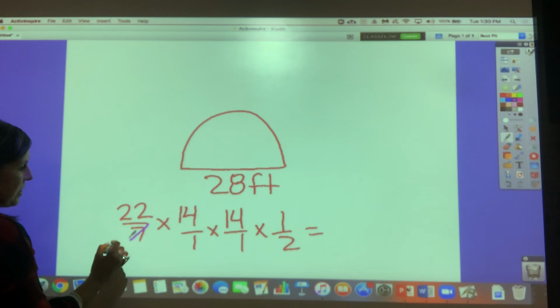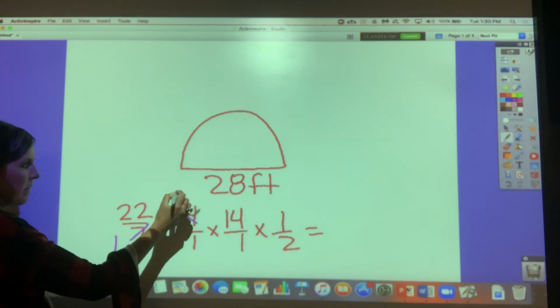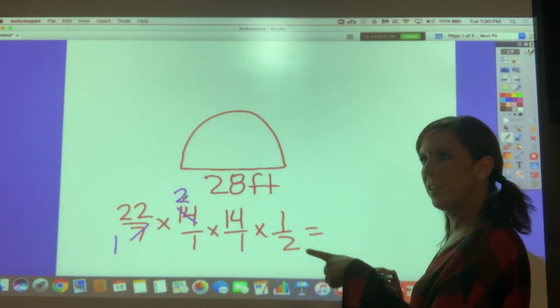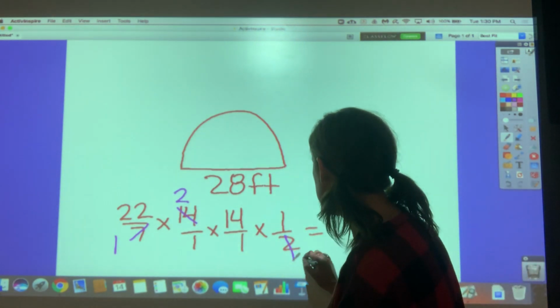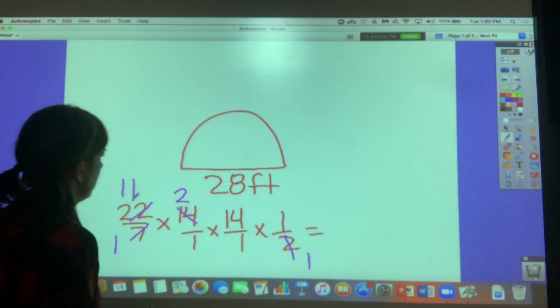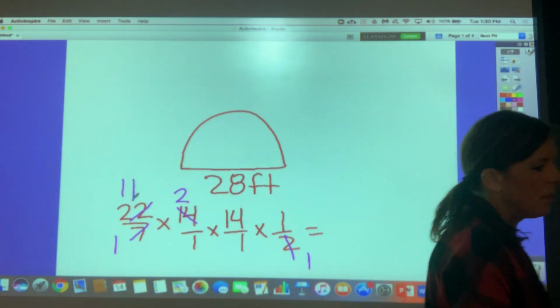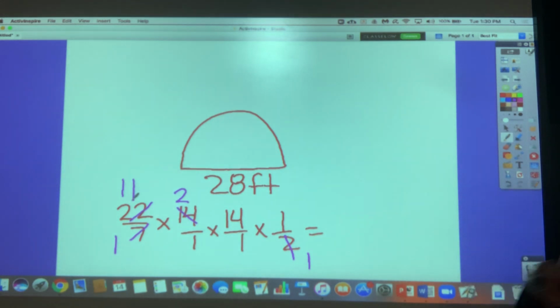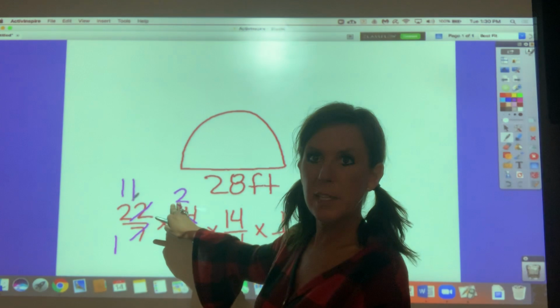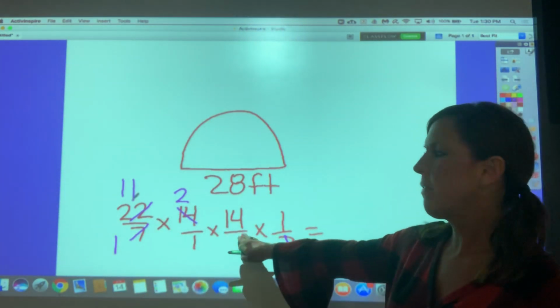So 7 goes into itself once, and it goes into 14 2 times. Let's cancel the 2 with the 22. 2 goes into itself once, and 2 goes into 22 11 times. So again, all we have left is one multiplication problem to get to our answer. We have 11 times 2, which is 22, and then we multiply by 14.